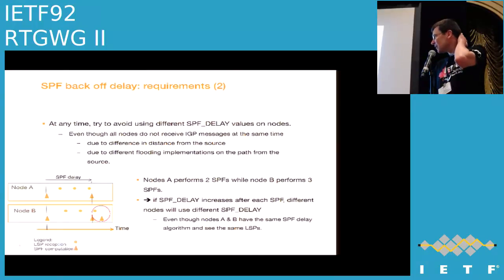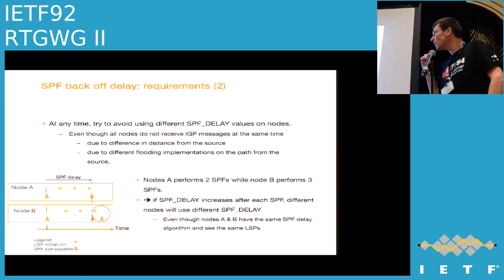So that was the easy requirements. Now a bigger one, a harder one. In general, we want to have the same delay on all the nodes in the same network. It looks easy, but the issue is that different nodes will receive the LSP or LSA message at a different point in time.